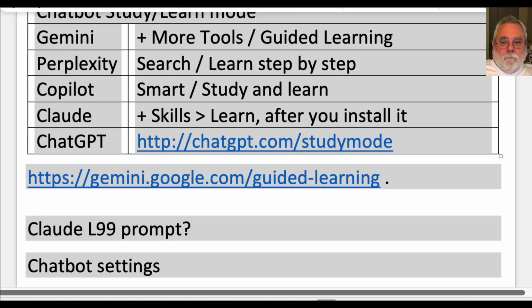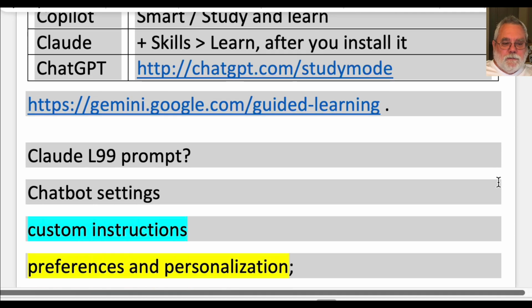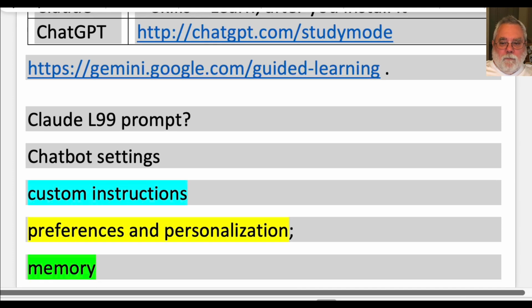Chatbot settings. Chatbots have settings that you can set. Settings for custom instructions from you to the chatbot, telling the chatbot your preferences and personalization, and enabling or disabling the chatbot to use its memory of information it has gleaned from your conversations or that you have instructed it to remember for generation of responses to your prompts.